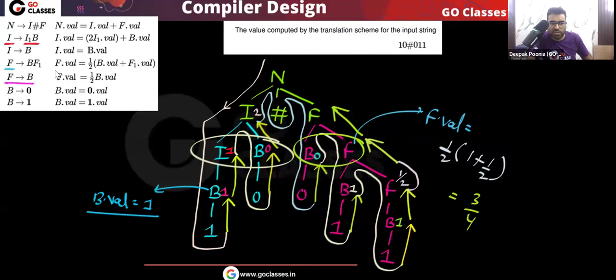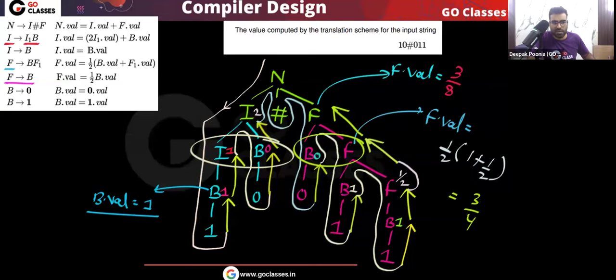This f is the head, so f dot value will be half of b dot value plus f1 dot value. Remember, b dot value is 0, and f1 dot value is 3 by 4. Yes or no? So half of 3 by 4 will be 3 by 8.